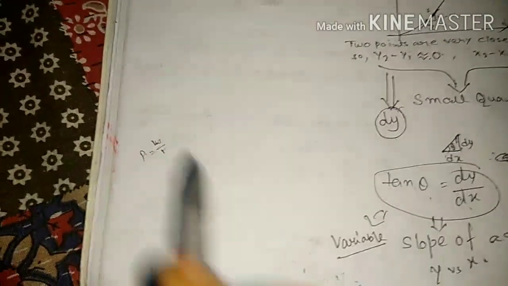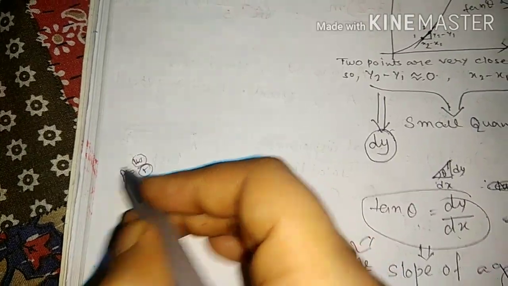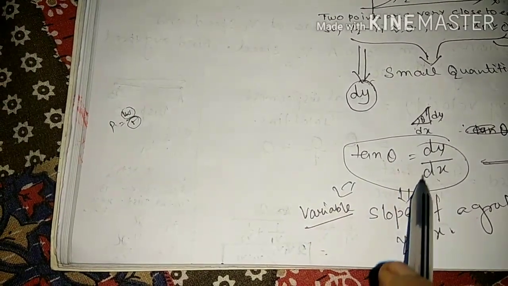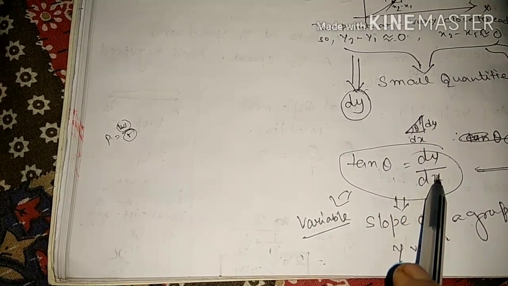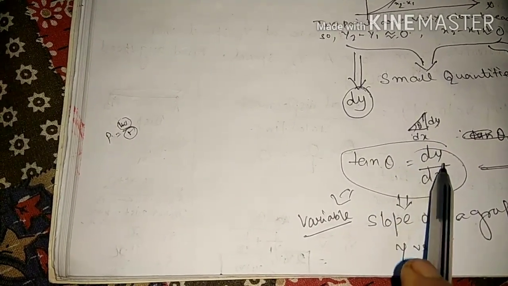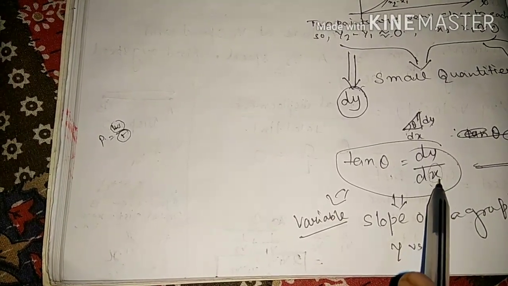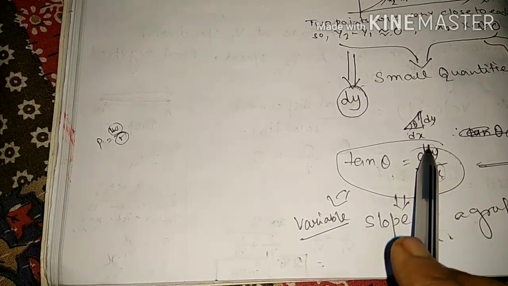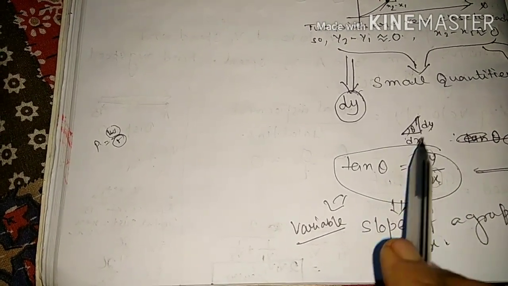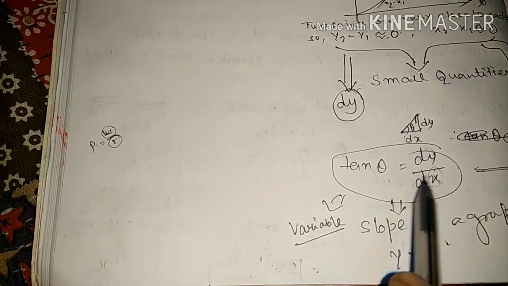So the work done changes with respect to time. Here also it is the same: dy by dx means the rate of change of y with respect to x. With respect to whichever quantity, we always write that at the bottom, and the quantity that changes, the rate of change of that quantity, is written at the top. So dy by dx means the rate of change of y with respect to x.